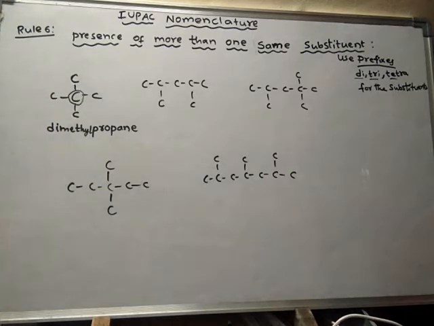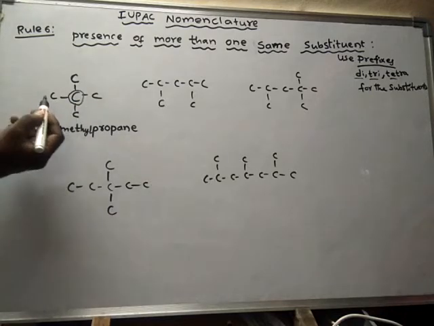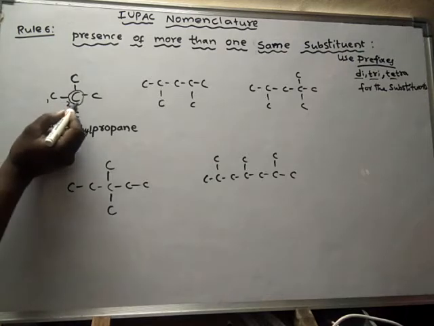We have to indicate the positions of these substituents also. Whenever we write the numbers, every number should be separated from each other by a comma, and a number and an alphabet should be separated by a hyphen. If you give numbering to this one, in any direction it is the same. Hence 1, 2, 3.